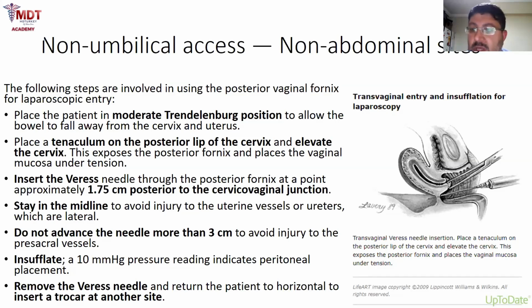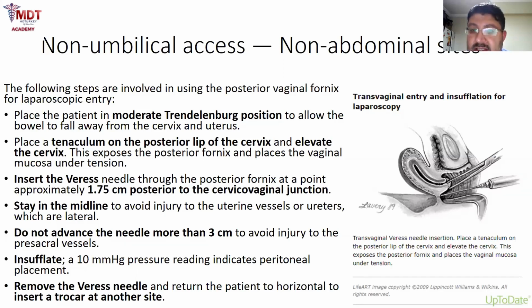How will we access from the posterior vaginal fornix for the insufflation? In the Trendelenburg position, you hold the posterior lip of the cervix, you elevate the cervix and insert the Veress needle from the posterior fornix into the abdomen. Do not push it more than 1.75 centimeters.